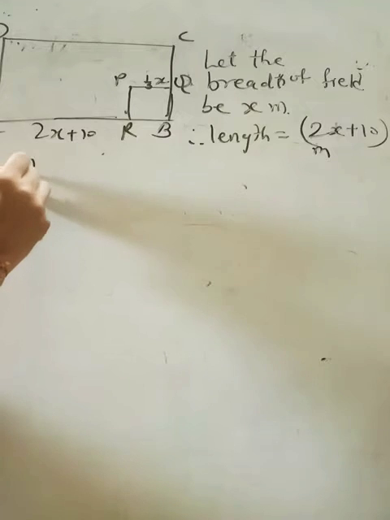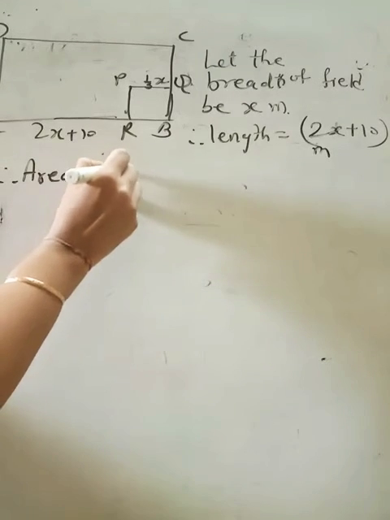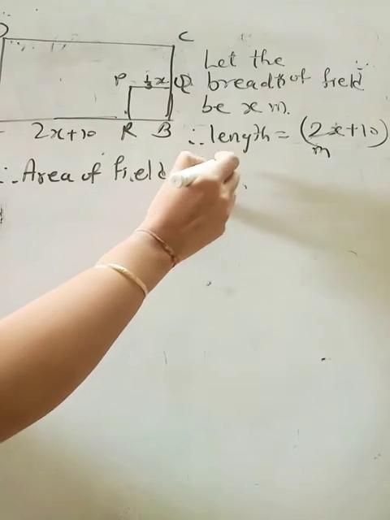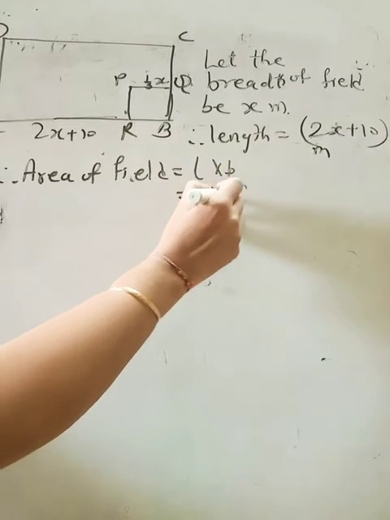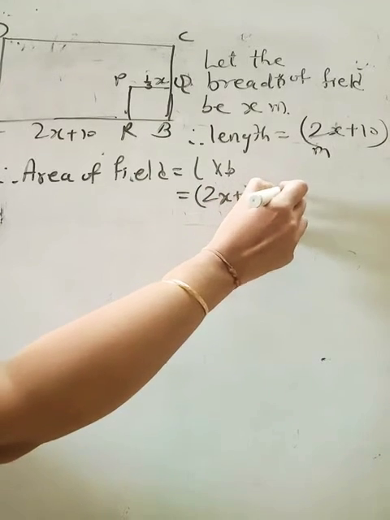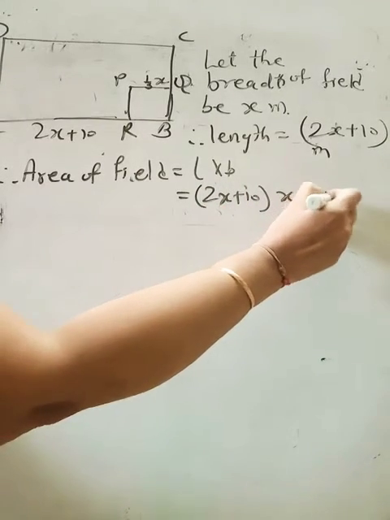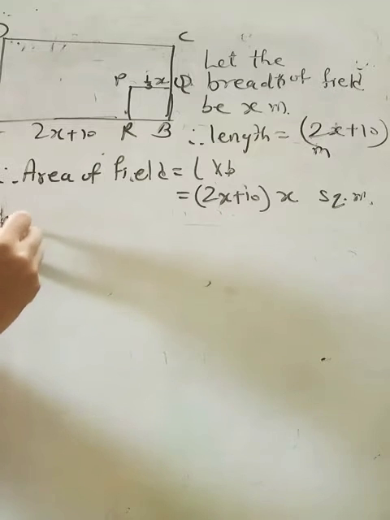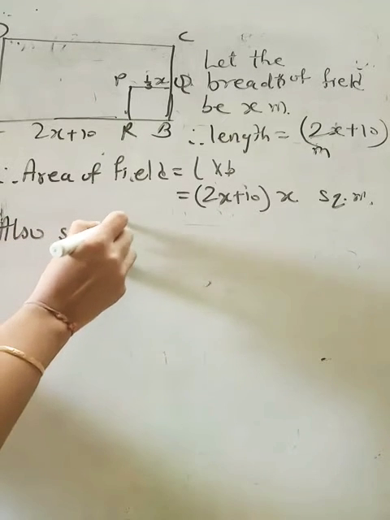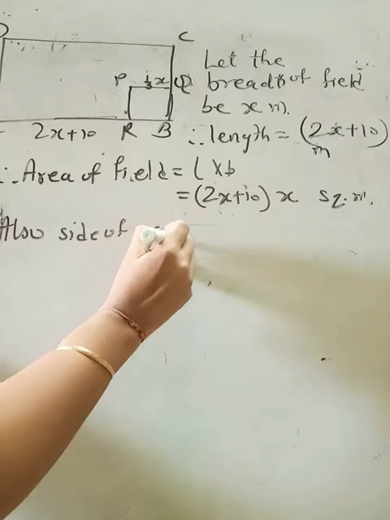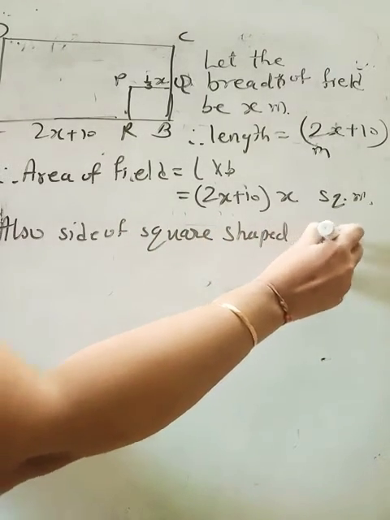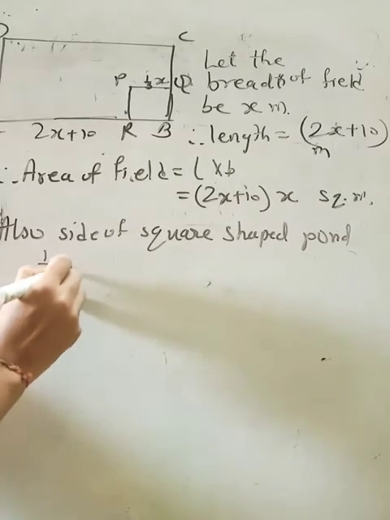And therefore, area of field will be length into breadth. So that is (2x plus 10) into x square meters. Also, side of the square shaped pond is 1/3 of x.